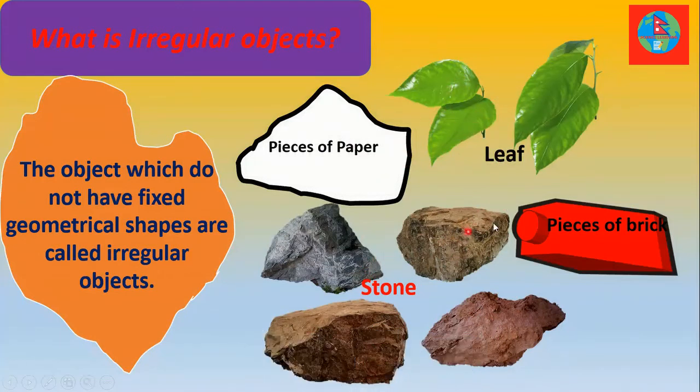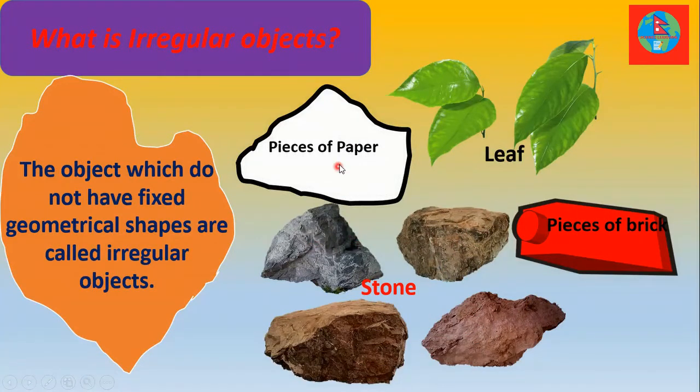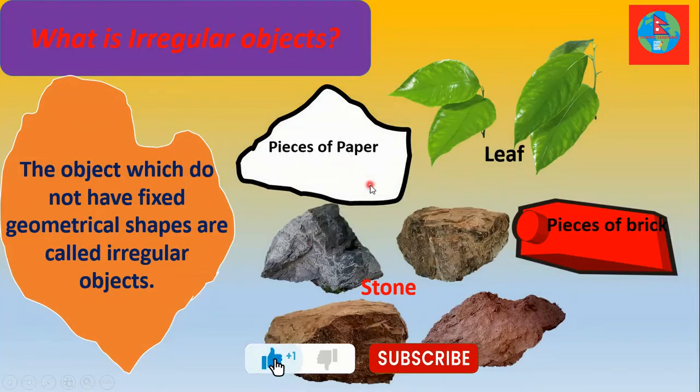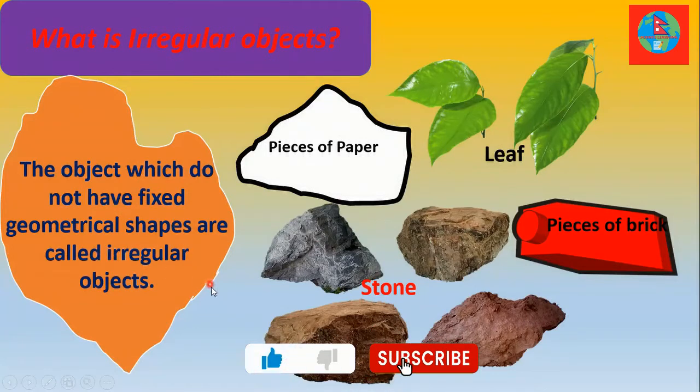They do not have fixed or geometrical shapes. What are irregular objects? The objects which do not have fixed geometrical shapes are called irregular objects.